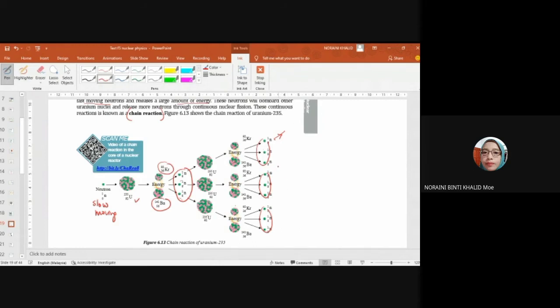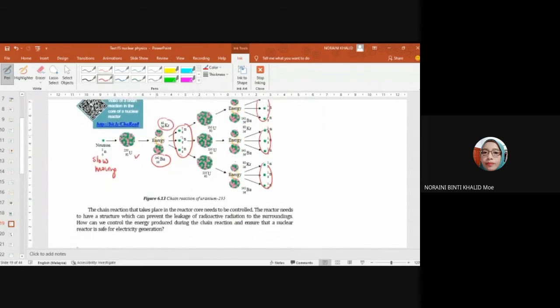A large amount of energy will be released and it becomes a chain reaction which cannot be stopped, and it is very dangerous. That's why this fission process is also the basic concept applied in the atomic bomb.